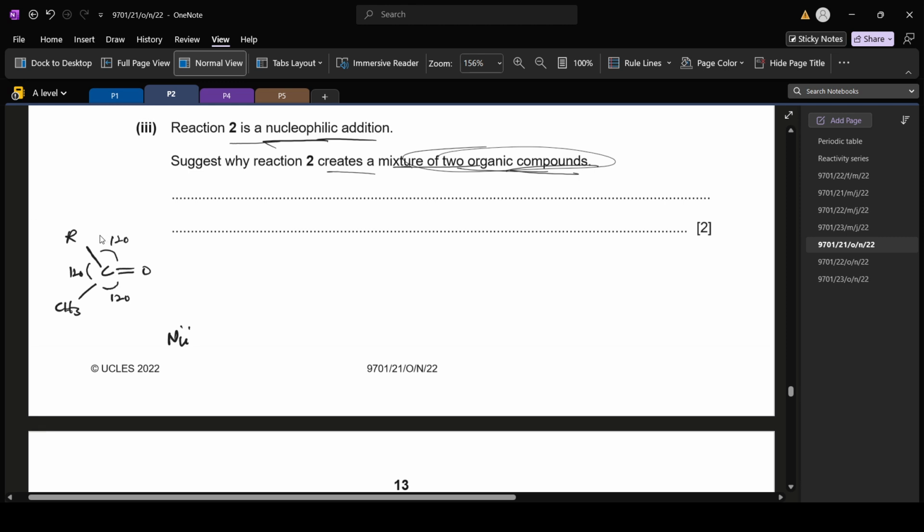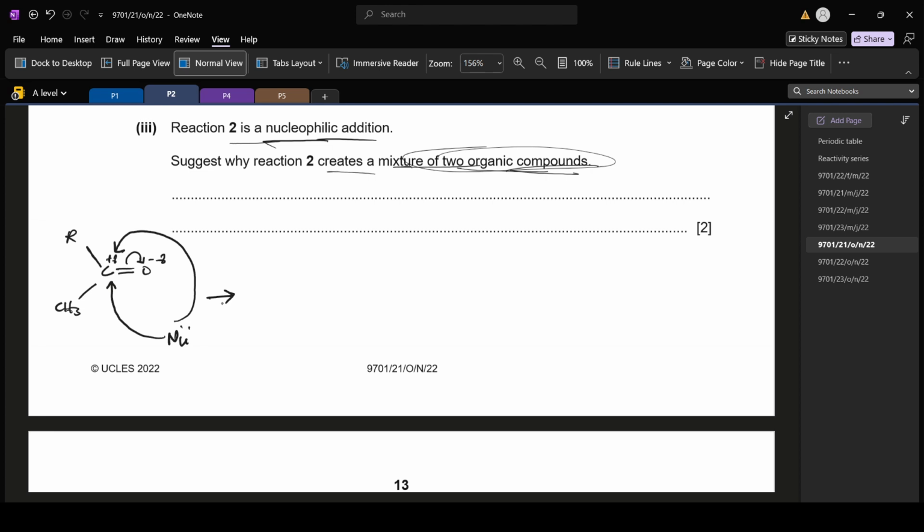Trigonal planar is a planar structure, so the nucleophile can attack this partially positive carbon from any side, from upwards or from downwards.